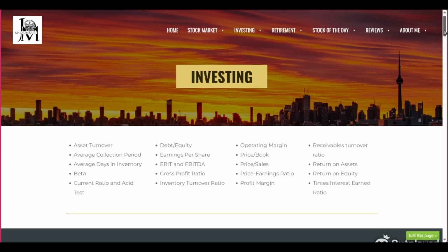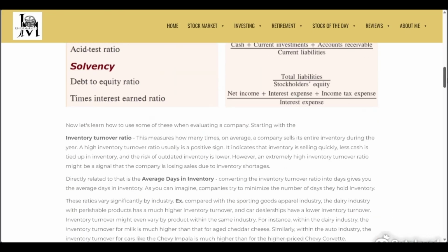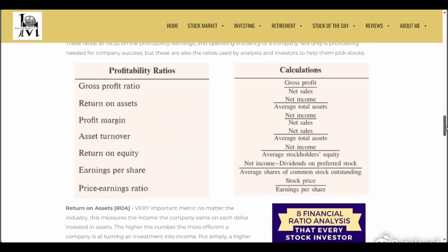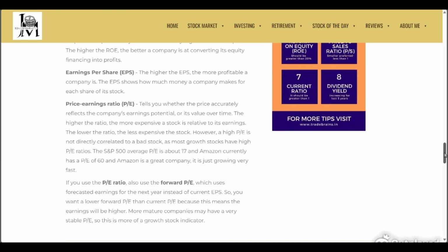So first, let's start off with one that pretty much every investor, beginner, intermediate, no matter what you are, every investor knows, and that is the price to earnings ratio. Essentially, it shows how much investors are willing to pay for each dollar of a company's earnings. In another way, the higher the ratio, the more expensive a stock is relative to its earnings.